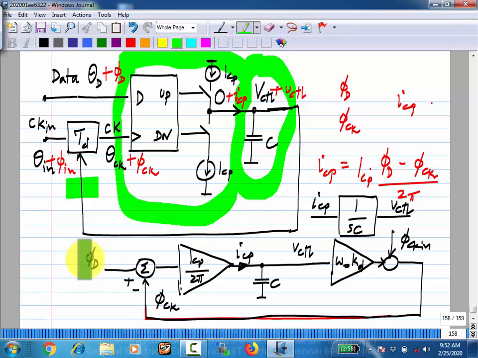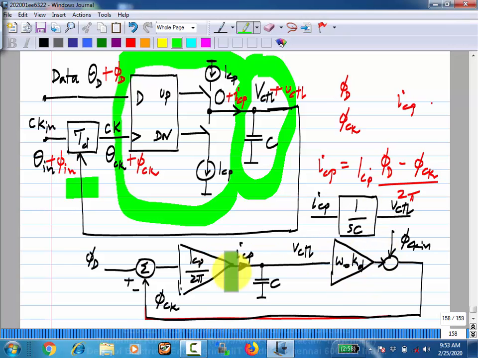If this phi d minus phi Ck is something other than 0, that means the clock has moved from the ideal position. And that's what we can see, like how much it moves. It can move in response to changes in phi d, in response to changes in phi Ck in, or in response to noise in the blocks, either in the charge pump or in the delay line.